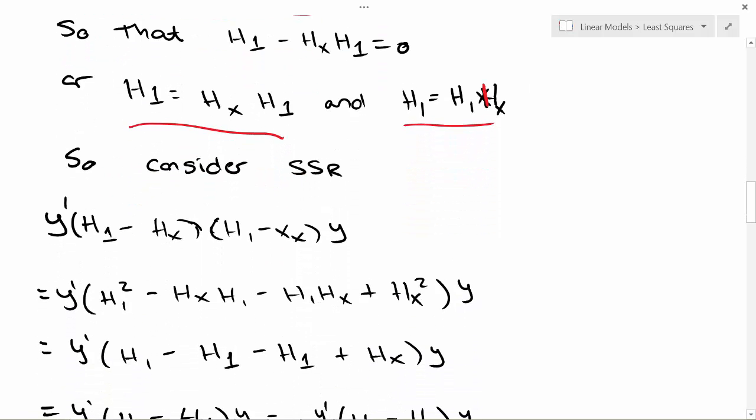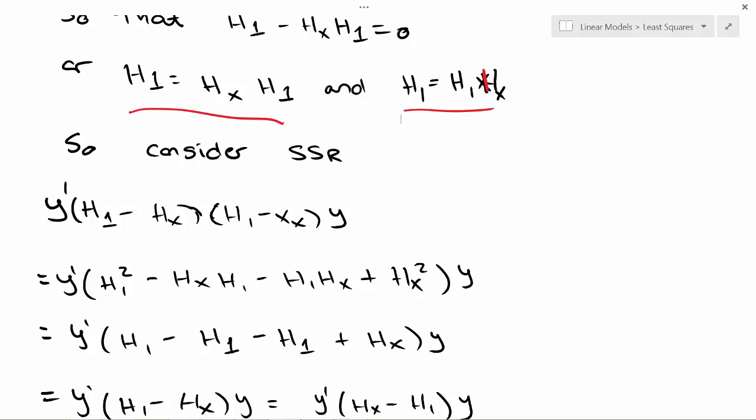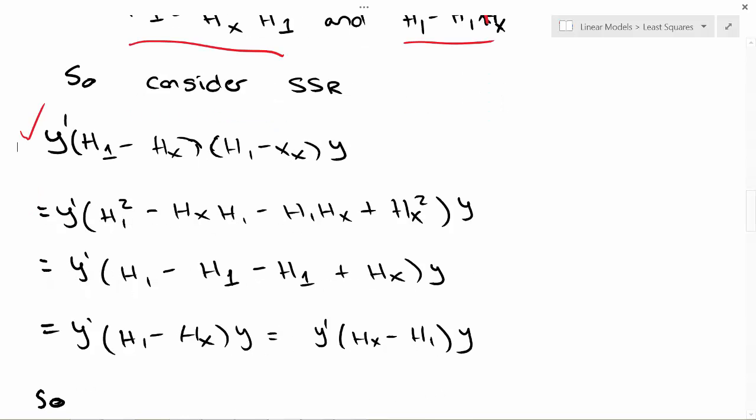So consider our sums of squares regression again. It's equal to this formula right here. If I were to multiply out the inner terms, and I'm ignoring transposes because everything in these inner terms is symmetric, I get H1 squared, but remember H1 is idempotent, so that will just be H1.